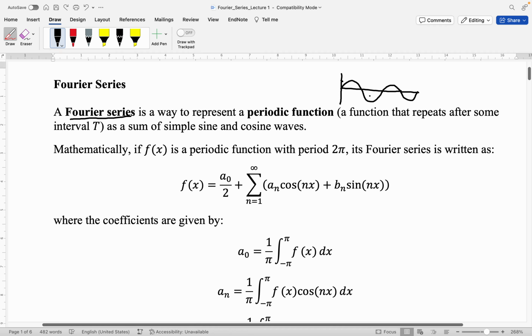What is important here is that a wave function, if it needs to be periodic and we want to represent it mathematically, the best way to do it is by using some cos or sine function. So a Fourier series is a very good way to represent any kind of periodic function that repeats itself after a regular interval of time.